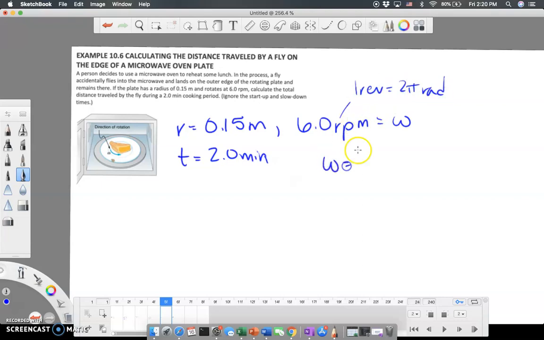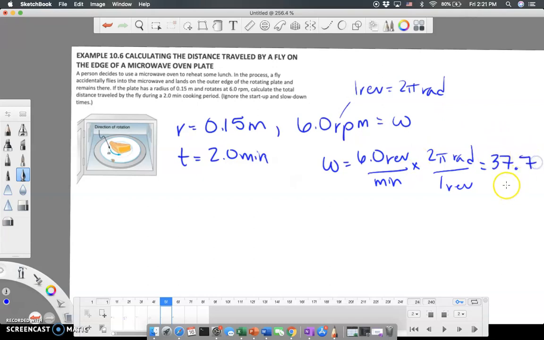So let's convert that at least. 6.0 revolutions per minute, 2 pi radians for one revolution. So 6 times 2 pi is 37.7 radians per minute.